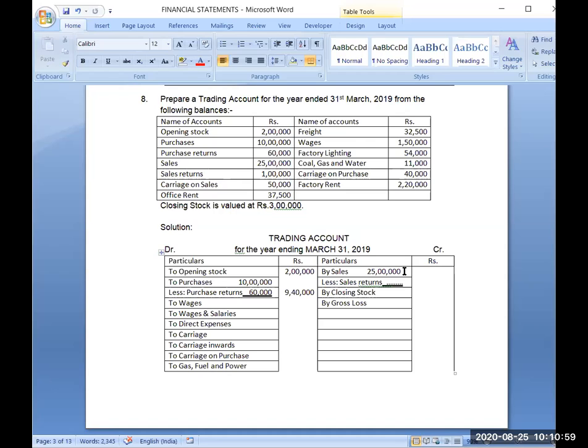But if somehow you are not preparing it on a daily basis and later on you will start after 4 or 5 days when the whole chapter is done, then no one will be able to help you, because I will not be able to teach it from the very beginning, and then you will not be able to do it. This is the simple logic. Sales return is 1 lakh.